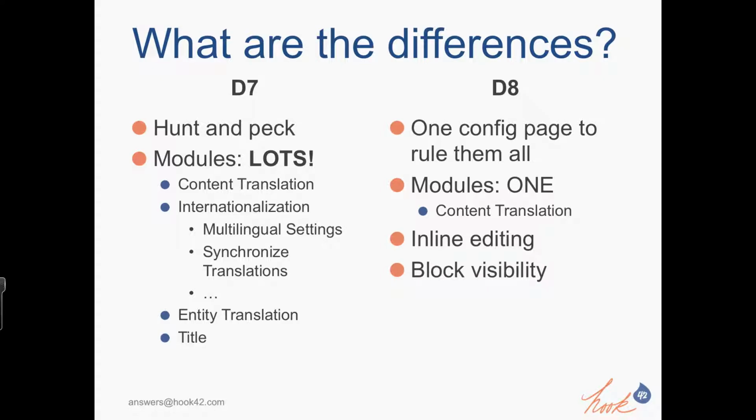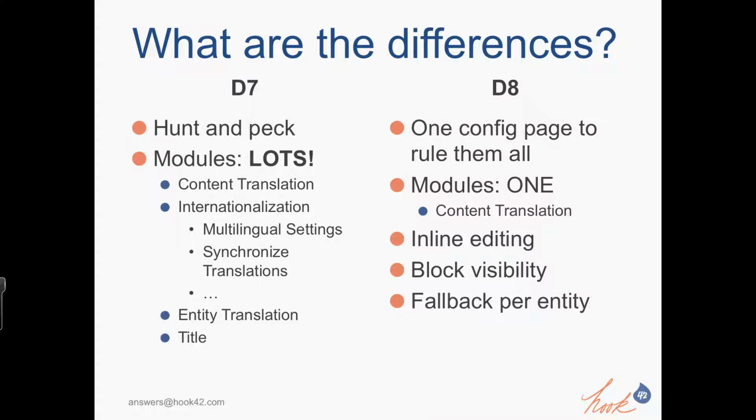Also, you have tons of block visibility here, so a lot of language control around block display. And also, in Drupal 8, there's a much smoother fallback mechanism for language. So if you do not have content, if you're on a Hungarian site and your primary site is English, if you don't have Hungarian content, it will show English because that's your fallback language, right?